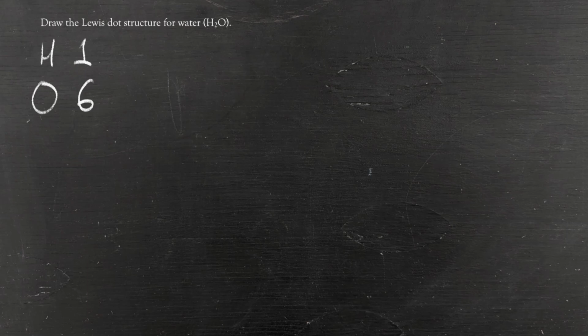I'm going to start by putting my oxygen in the middle. And I said that it has 6 valence electrons. So I'm going to start placing them around the atom, going at cardinal directions. What I mean by that is the first one goes north, then east, south, west, north, east, and now we stop because I have used up all 6 of those electrons.